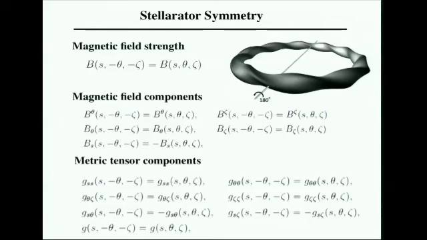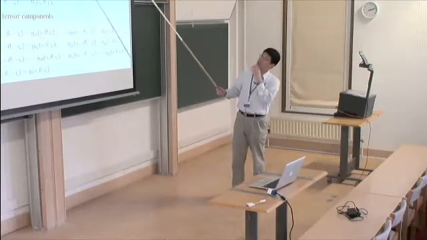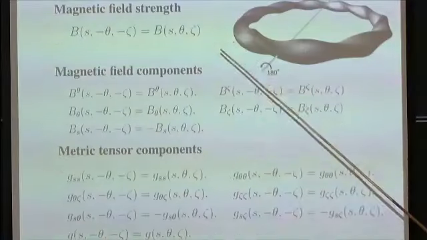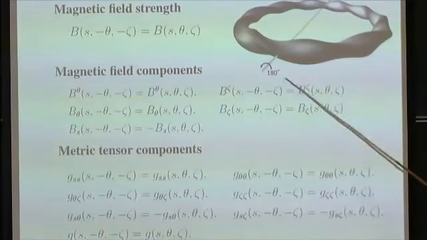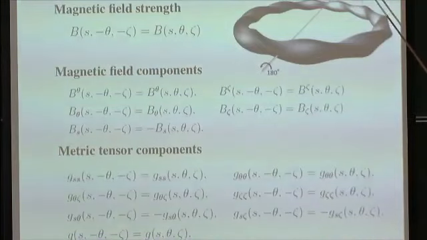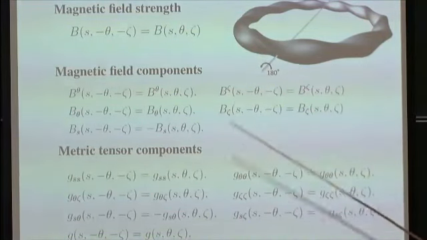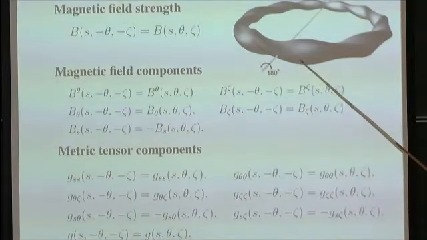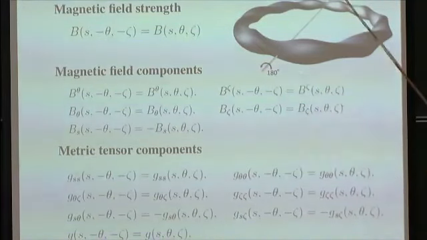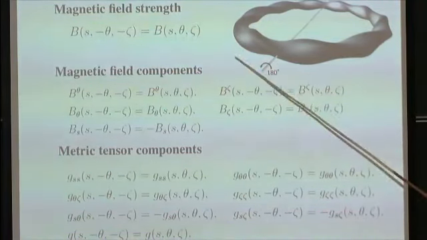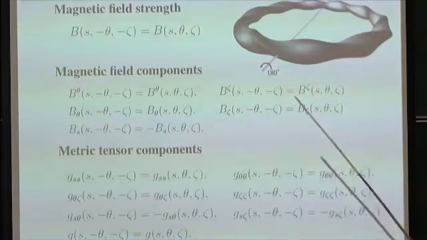Now another symmetry often considered in stellarator systems is called stellarator symmetry. LHD also satisfies this stellarator symmetry. Stellarator symmetry is defined like this. This system looks the same even after a 180 degree rotation about some axis lying in the equatorial plane of the toroidal system.